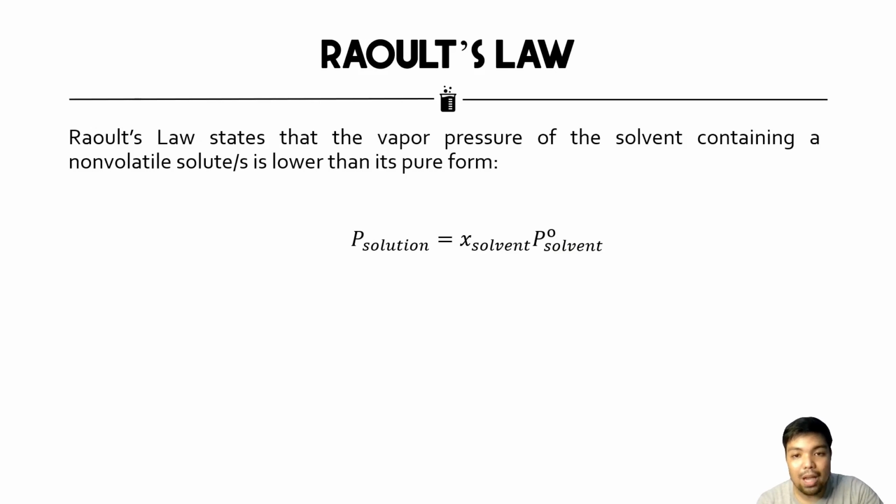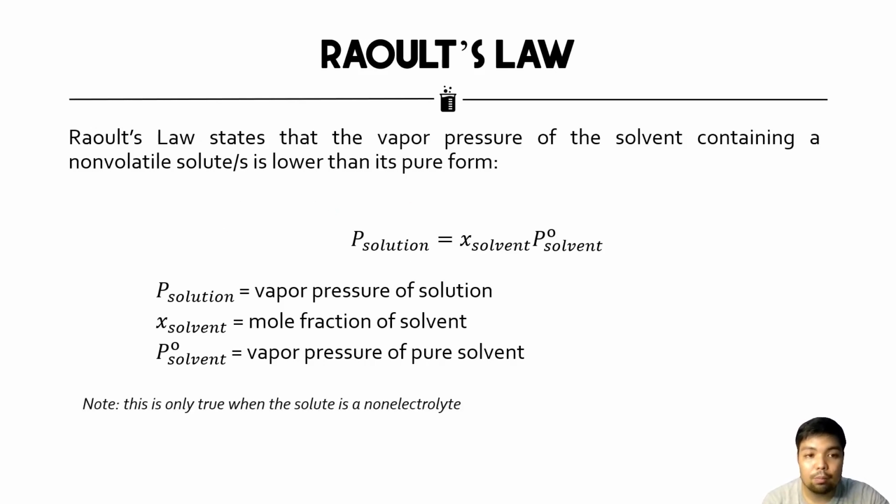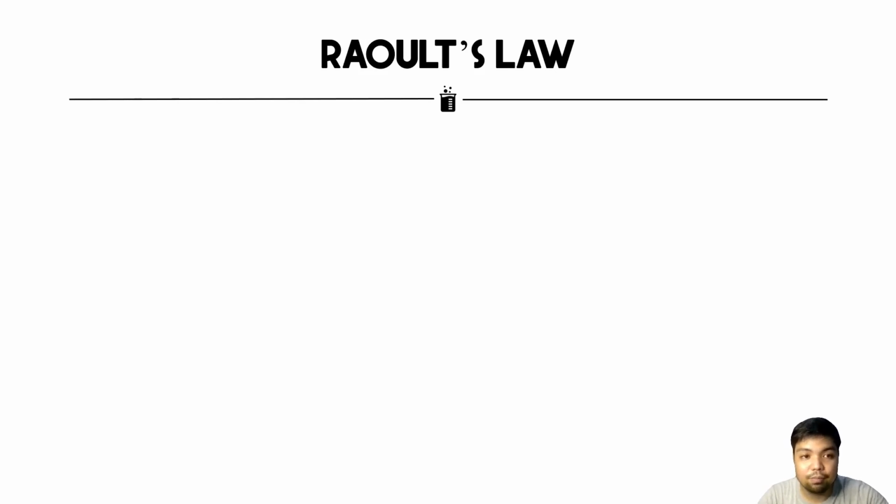So we have this equation here wherein X subsolvent is the mole fraction of your solvent in the solution. Now this equation only holds true when your solute is a non-electrolyte. All of the other components in your solution aside from the solvent are non-electrolytes.